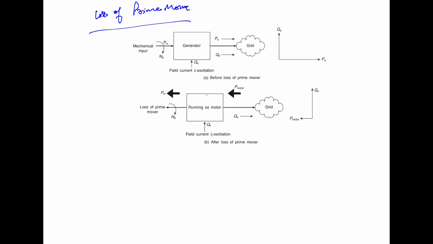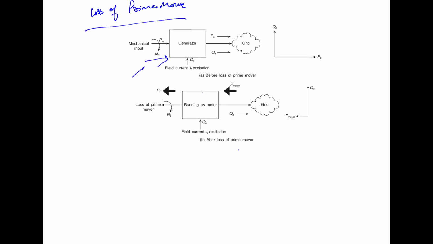Now another abnormality is the loss of prime mover, that is, loss of the mechanical input. So the mechanical input in that case is 0. The machine continues to remain synchronized with the grid, however running as a synchronous motor, because it will take active power from the grid.